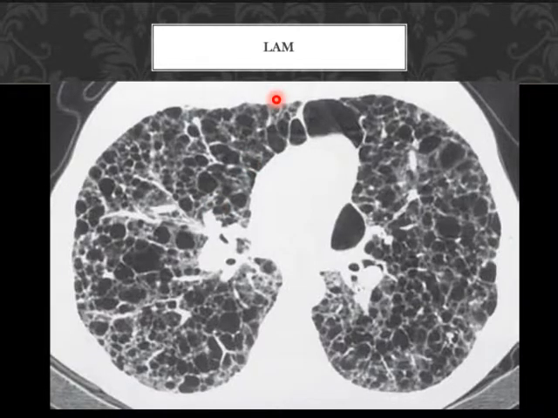This is a case of lymphangioleiomyomatosis with thin walls. We can see normal lung tissue between the cysts. They are thin walled, and the cysts are of different size.